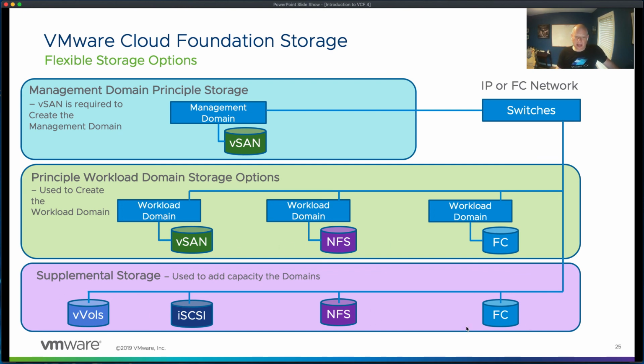Again, vVols, iSCSI, NFS, or Fiber Channel. That gives you the flexibility to choose the storage that you need within your environment. If you've got existing storage infrastructure that you want to keep leveraging, we are absolutely able to attach to it.